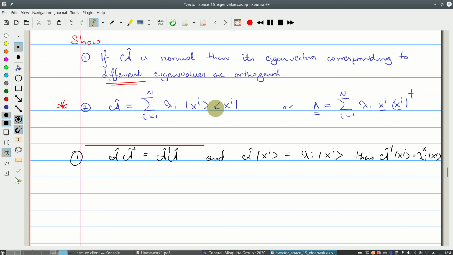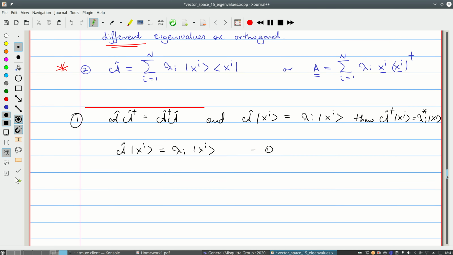Alright, now we need to show that the eigenvectors corresponding to different eigenvalues are orthogonal, so we need two of these cases. We need the eigenvalue equation for xi and for xj. So let's consider two of these. This is the first one, so let's write it down again. A xi is equal to lambda I xi, that's 1.